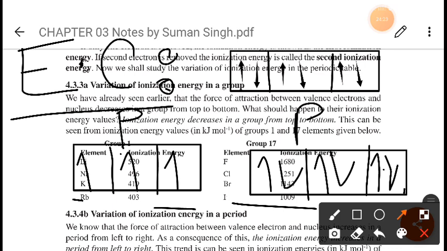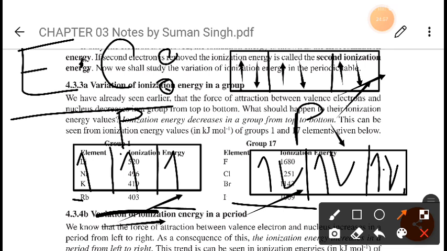The atoms having completely filled subshells are said to possess stable electronic configuration. This one we know. The atom having a filled shell also shows extra stability. So this type and this type of filling of electrons will be more stable, and this one will be more stable, after that this, after that this.